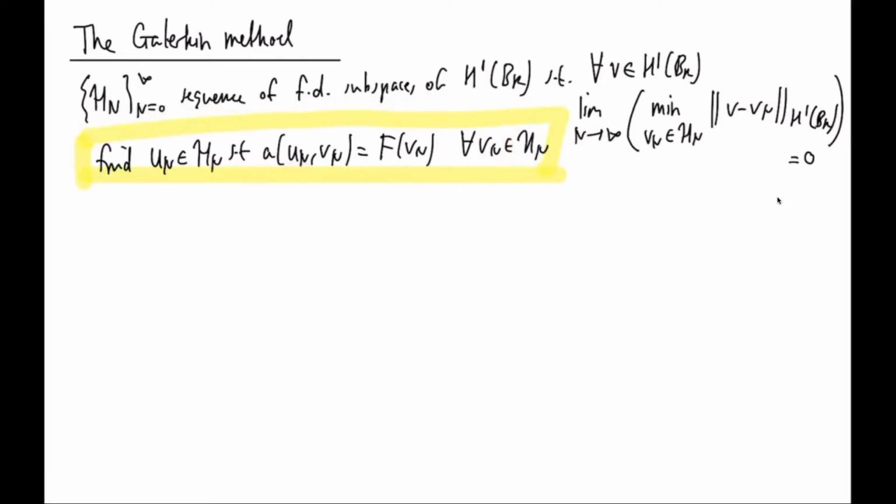But I still need to specify what finite dimensional subspaces we're going to use. So we'll consider Hn consisting of piecewise polynomials.